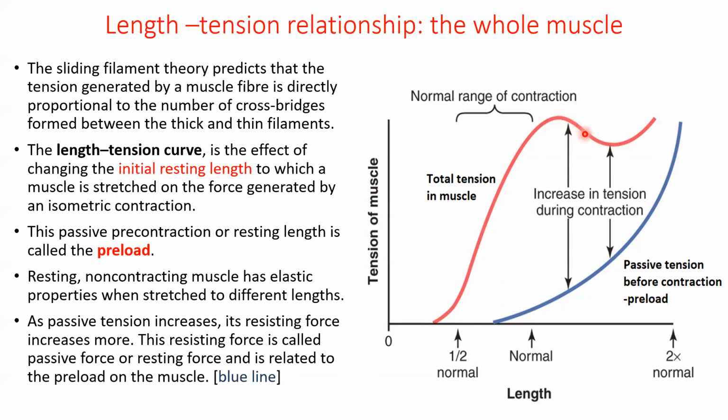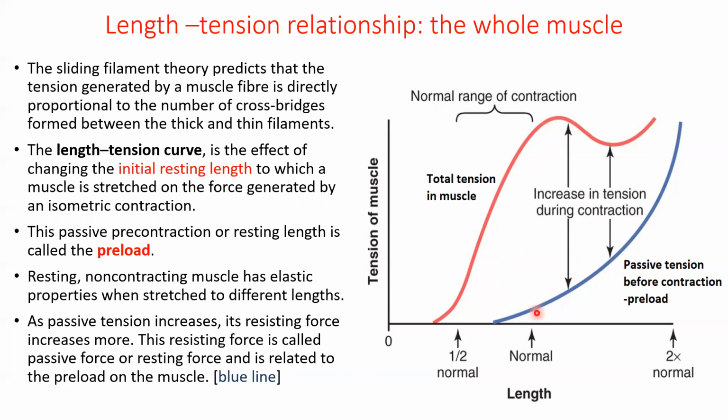The active tension decreases. And the reason the active tension decreases is because the passive tension is so high that whatever tension it can create doesn't allow it to become any greater. And that's what this is telling you. Now, the normal length of a muscle is somewhere here, where you would get the maximum active tension.